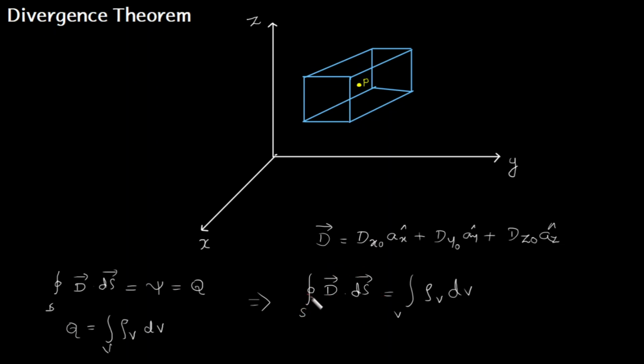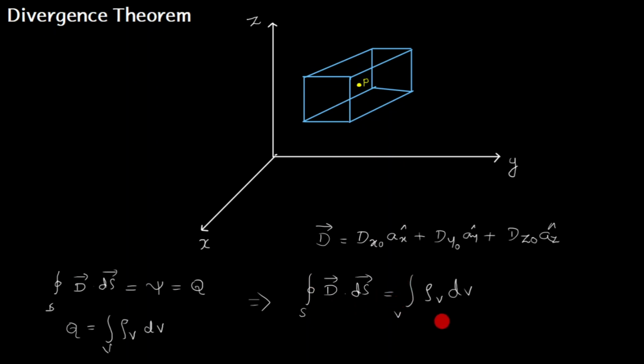Okay, now how to evaluate this? As I told initially, D vector is coming out from everywhere: top, bottom, side, front, back, right. So I have to evaluate this value, D dot dS, throughout these surfaces.